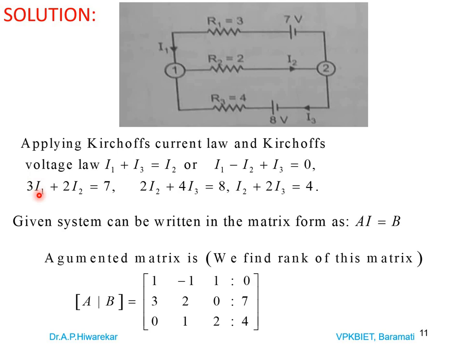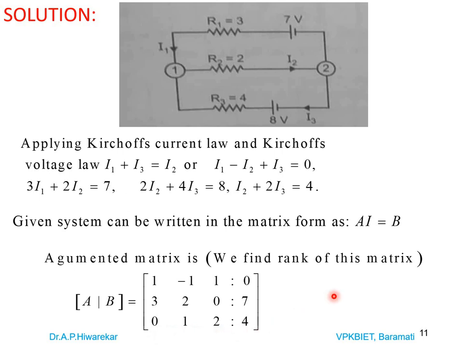Then the second equation means 3, 2, 0, and I3 is not there, equal to 7. And the last equation means I1 is not there, so 0, 1, 2, 4. So it is 1, minus 1, 1, 0; 3, 2, 0, 7; 0, 1, 2, 4.